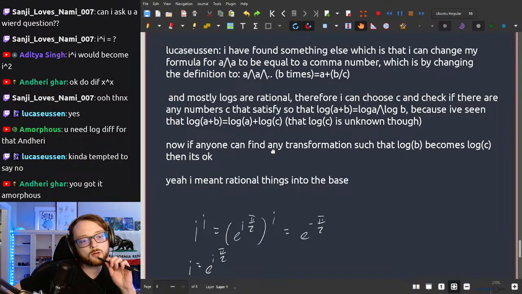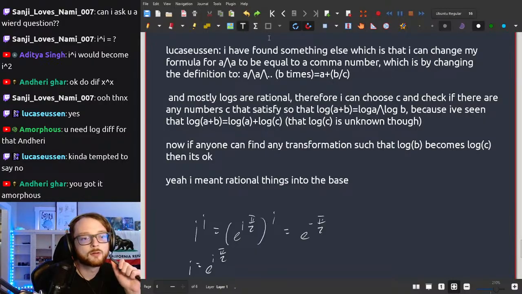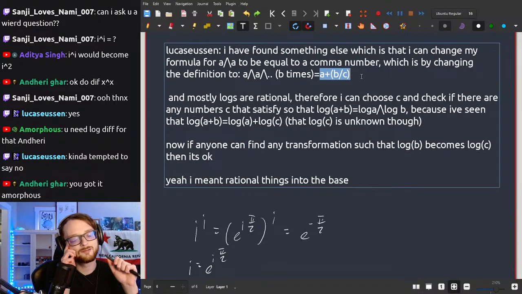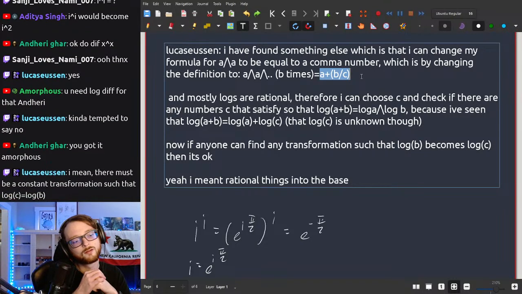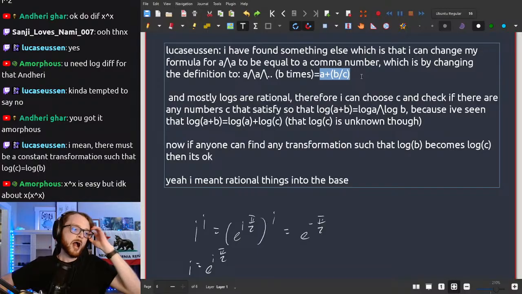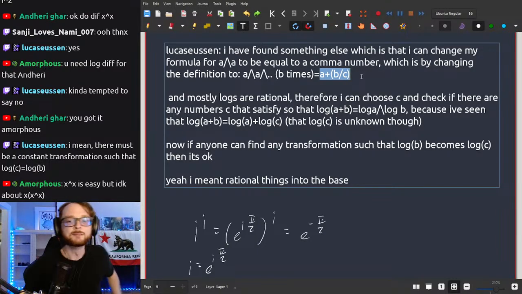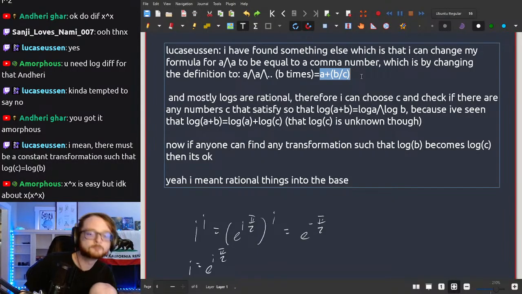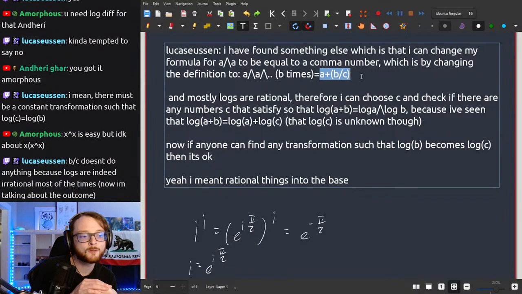So I guess the first thing is that we don't necessarily need the over C. Okay, maybe the thing that's difficult about this is that log of a might be an irrational number.